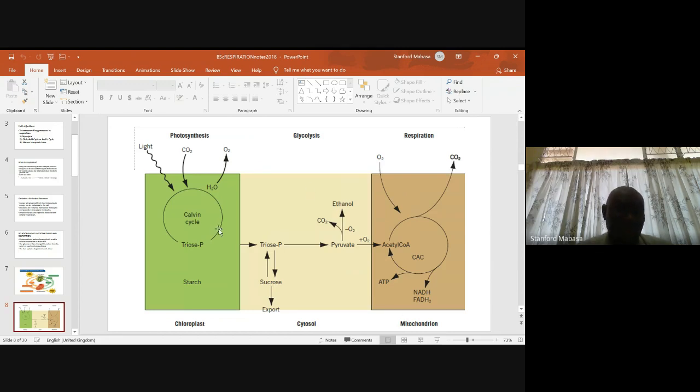Here we've got photosynthesis, which produces starch. Then we have glycolysis, which produces the pyruvate. And we have the Krebs cycle, which produces NADH, FADH2, and also some ATP.